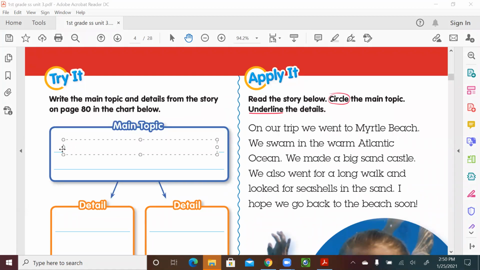Okay, let's do it together. So what's the main idea? Trip to the planetarium.